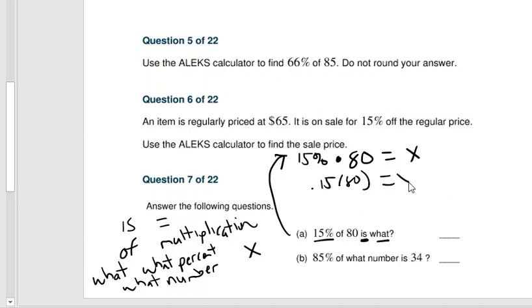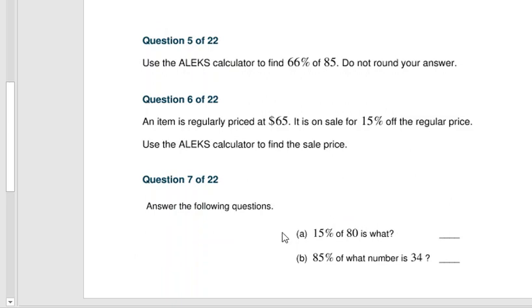And that will tell us our answer. Okay, so this would be 12. Okay, and then this says 15% of 80 is what? So that means that 12 is 15% of 80. So let's go ahead and do the next one.